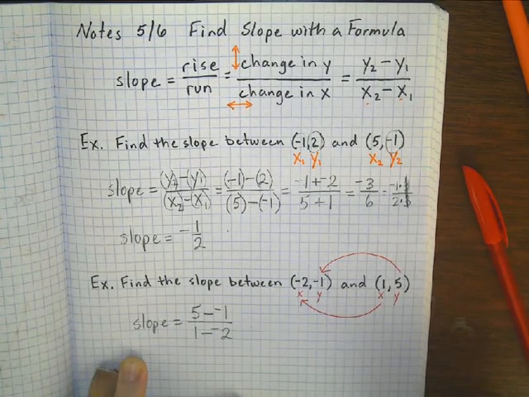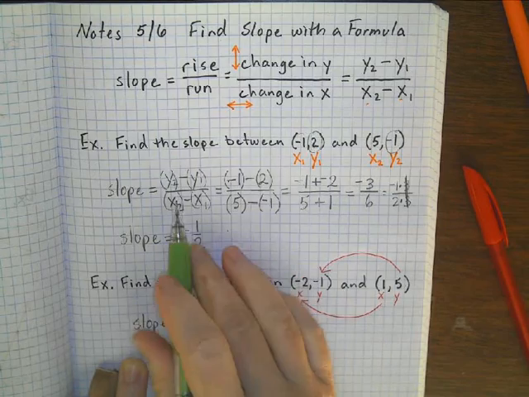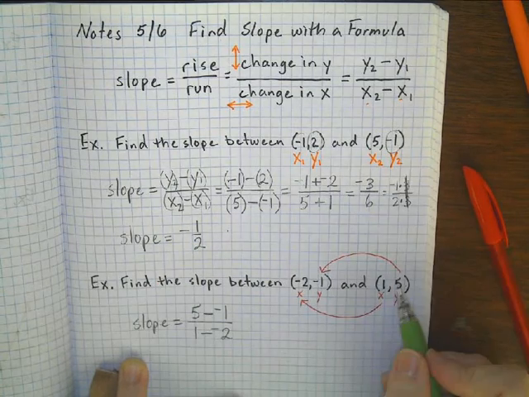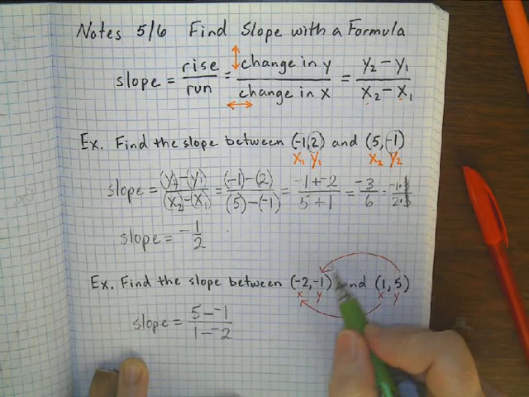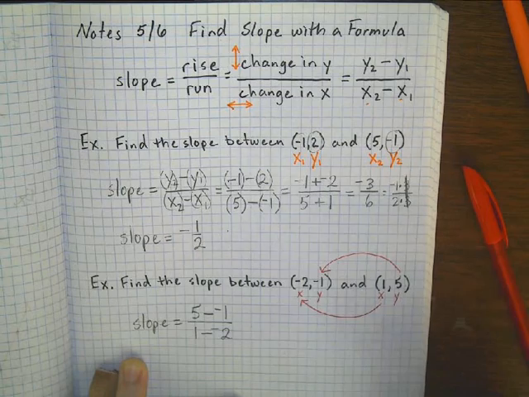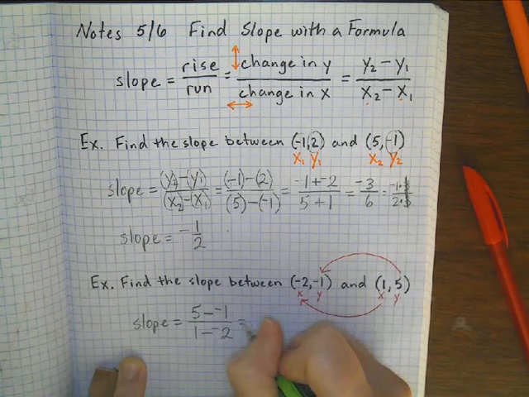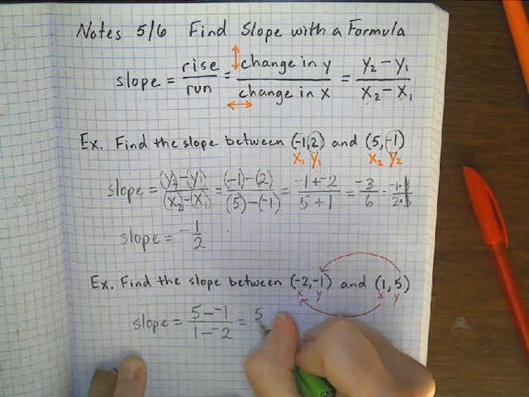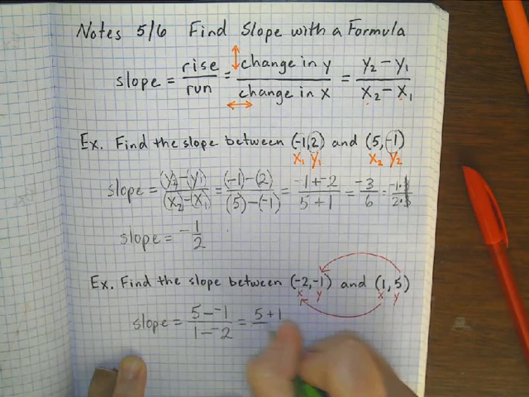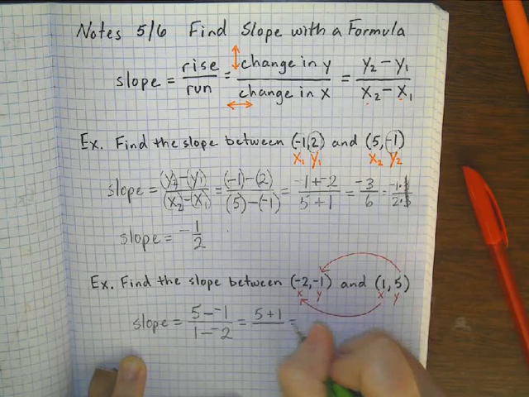That easy. So that's how I do it when I'm really doing it. I don't write the whole thing with the formula and the parentheses. I could, but I like to just say, okay, it's the y minus the y, and that's on top, and x minus x goes on the bottom. So I can rewrite this as 5 minus a negative becomes plus. 5 plus 1 is 6.